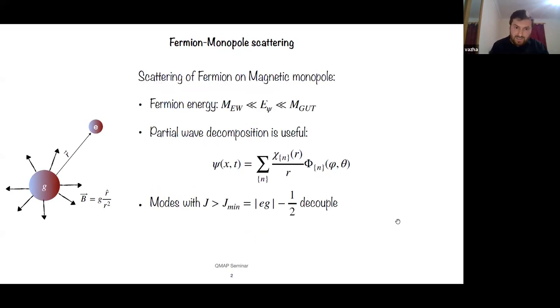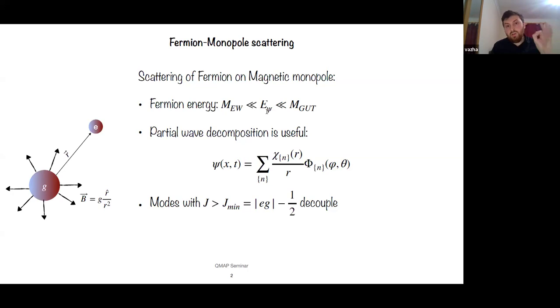Second, a very exciting phenomenon happens when you ask a trivial question. Let's say this electric charge is carried by a fermion, and you ask the question, what happens if you scatter this fermion on the magnetic monopole? To be more concrete, I will have the following idea in mind. Let's say this monopole is a GUT monopole, and I'm scattering a standard model fermion on it.